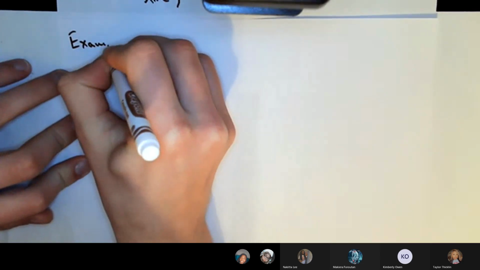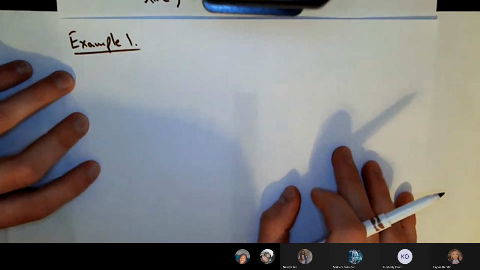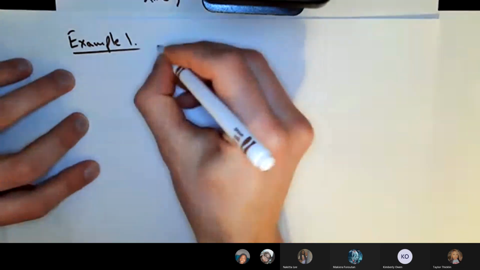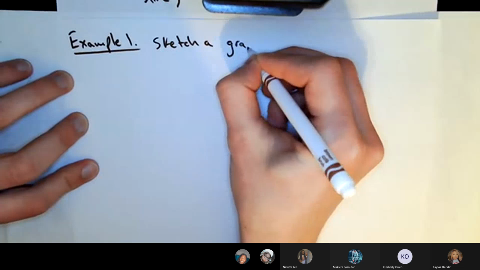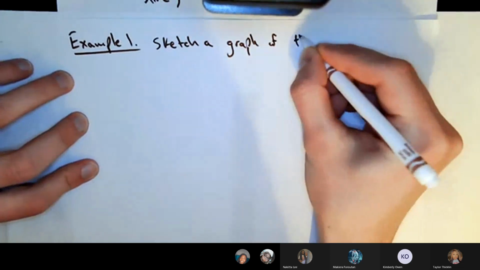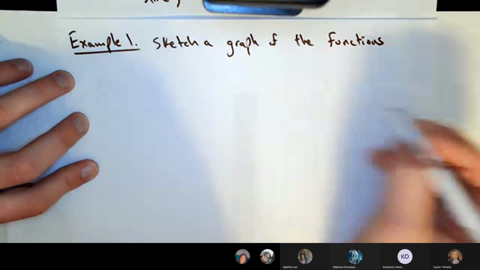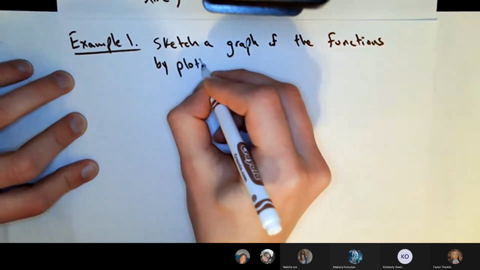Let's get straight into it. Example 1. We've already practiced evaluating functions at particular values. That was training for what we're about to do here. Sketch a graph of the functions by plotting points.